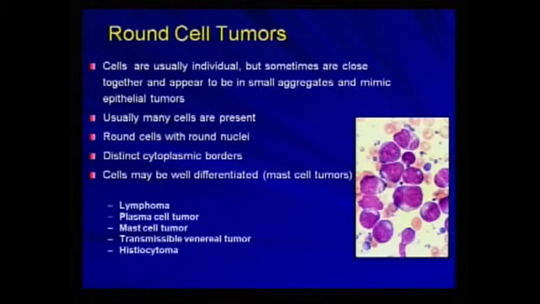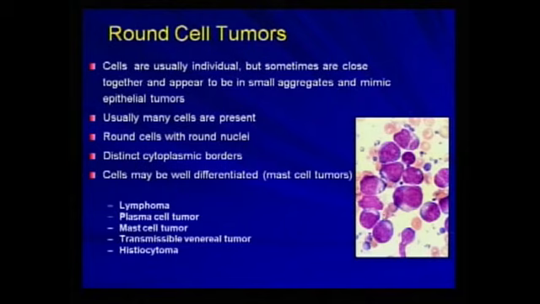So much for the epithelial cell tumors. When we look at the round cell tumors, and we're going to look at 5 different types, cells are usually individualized, and they often come off in large numbers. Okay, they are, as we said, round cells. They don't generally spindle, although if you press hard enough on any type of cell, you can pull the cytoplasm and make it spindle.